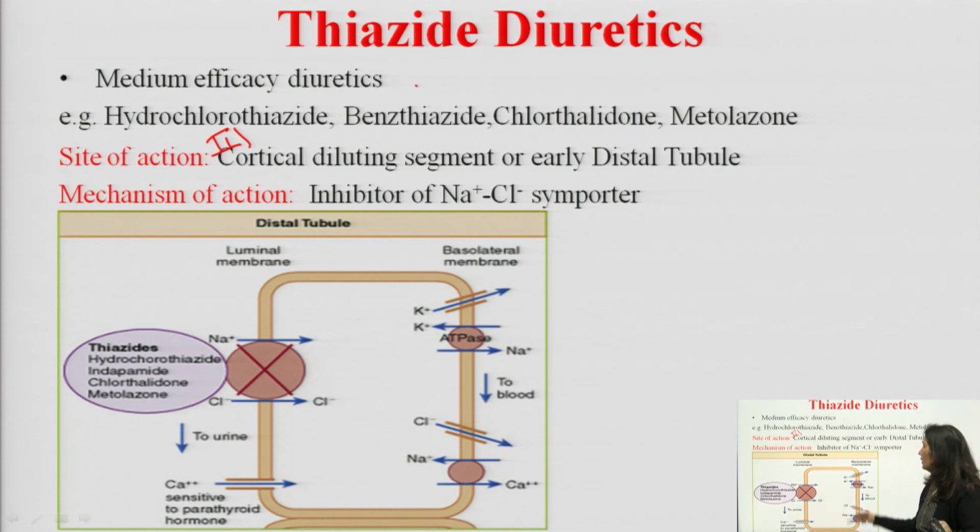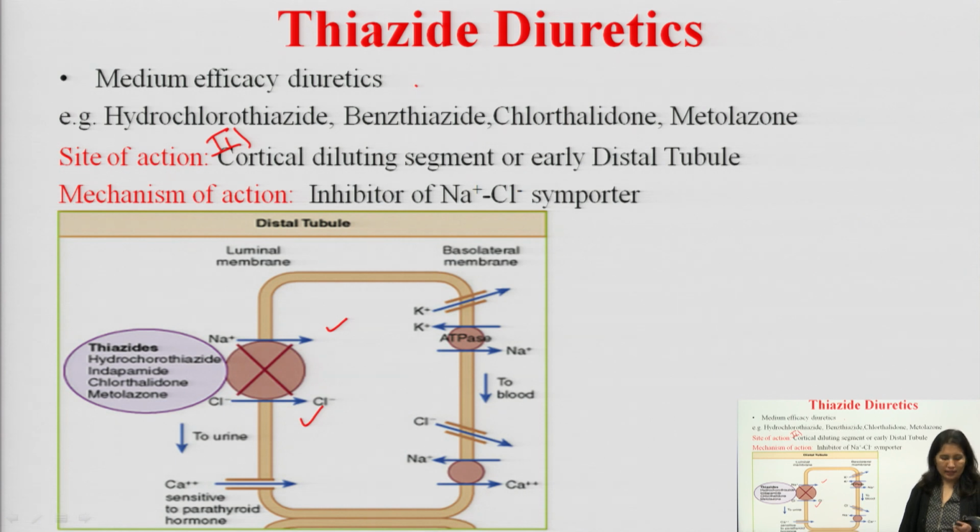Mechanism of action: inhibition of the sodium chloride symporter. There is a sodium chloride transporter present on the luminal side of the DCT, and the thiazide will block this and inhibit the reabsorption of sodium and chloride.